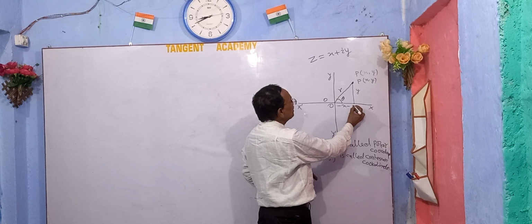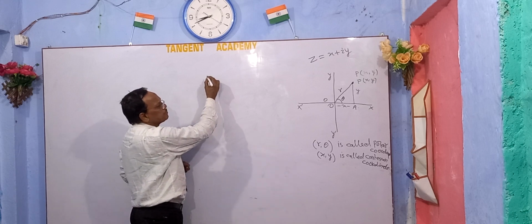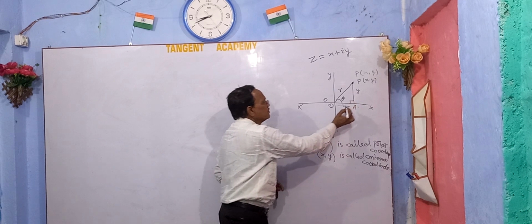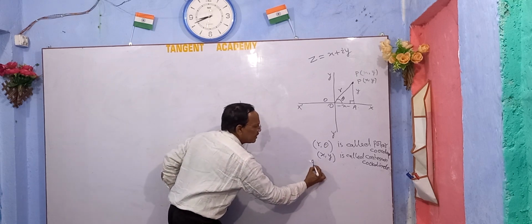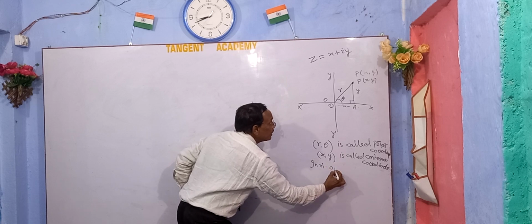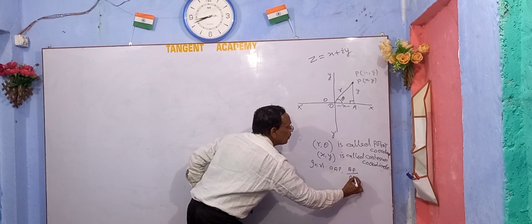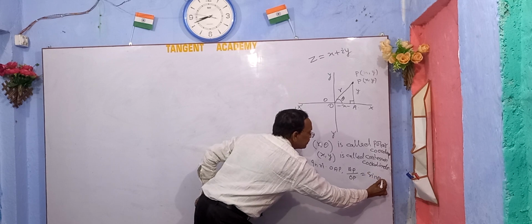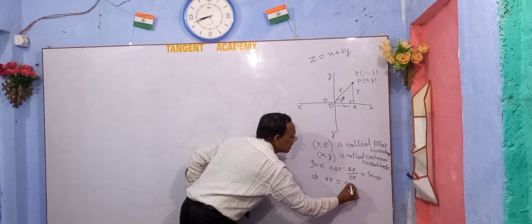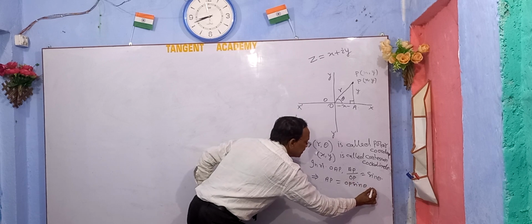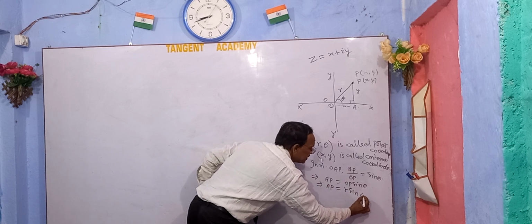So let this point be A. Then clearly in this right triangle OAP, AP by OP is equal to sin theta, which implies AP is equal to OP sin theta, which implies AP is equal to r sin theta.